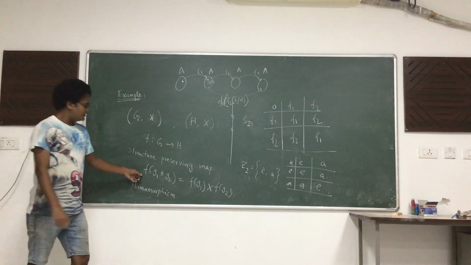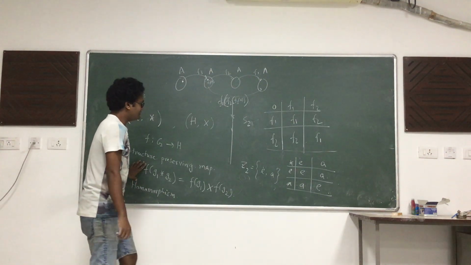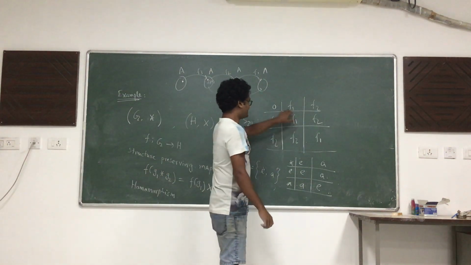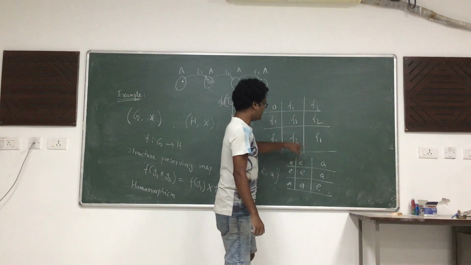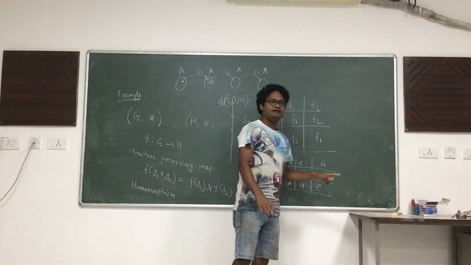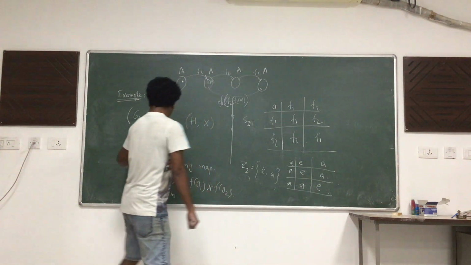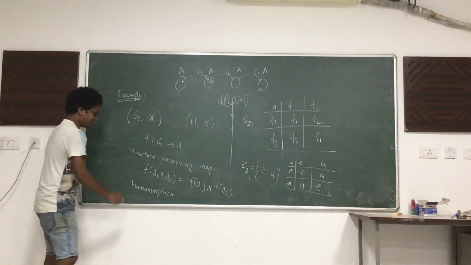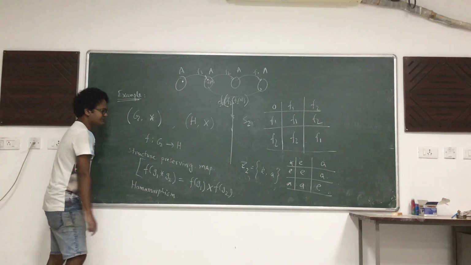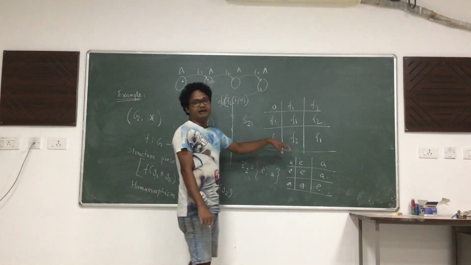Homomorphism. Okay, so there is one catch. Here it is a bijection: I can map F1 to E and F2 to A, so this is one-to-one as well as onto. But if we satisfy only this condition, it may not always be a bijection.